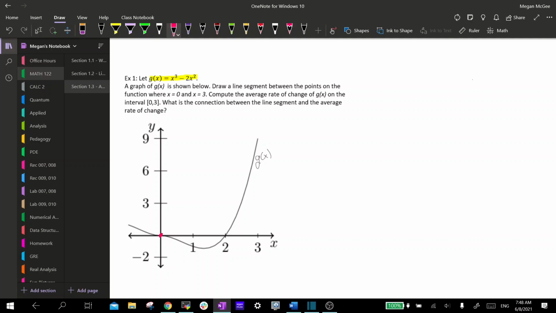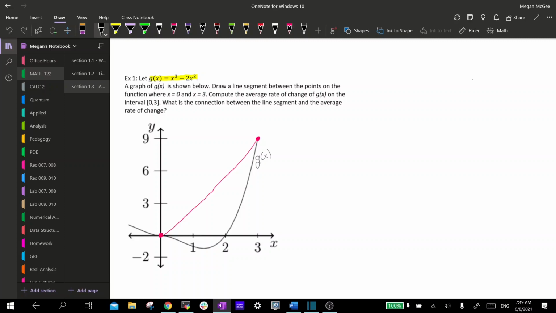So x is equal to 0 is down here. x is equal to 3 is over here, but on the graph, that's about here. We're supposed to draw a line between these 2 points. There we go, something like that.